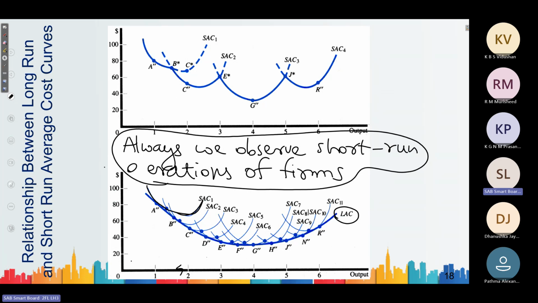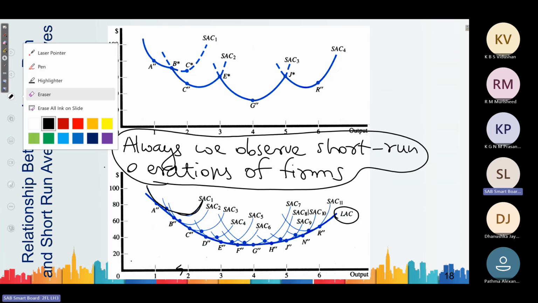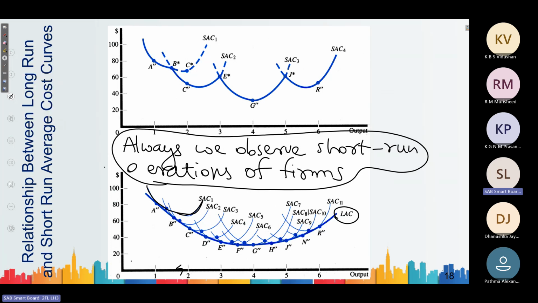Now the firm expands its output a bit, up to this level of output. Accordingly, it faces a new scale, represented by short-run average cost curve 2.